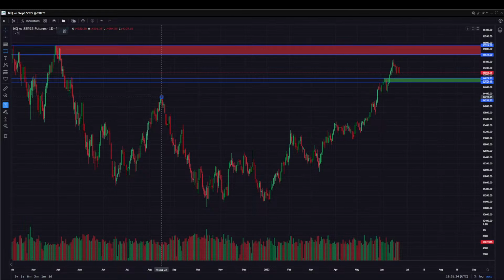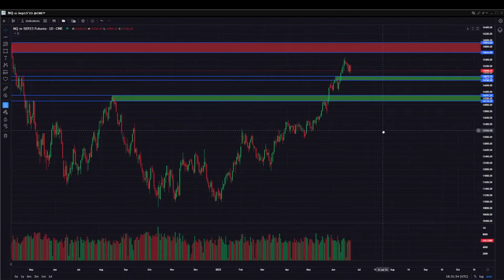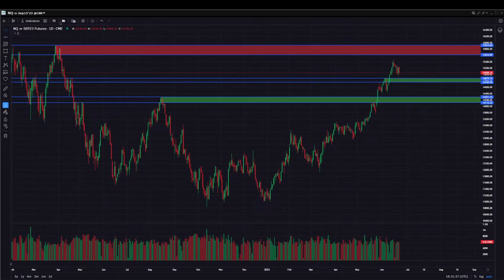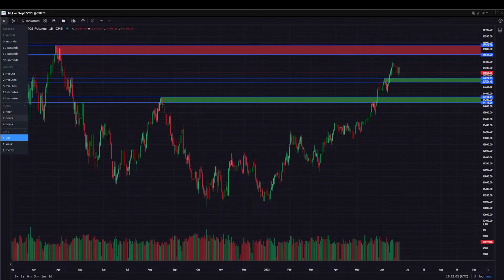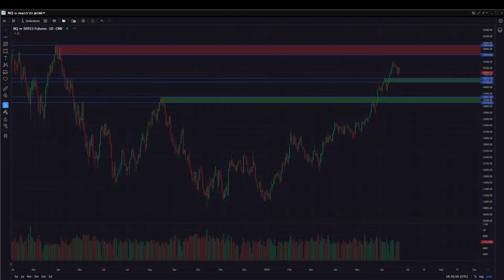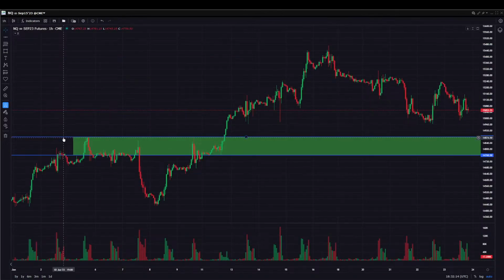But this is where my strong daily zone would be. As you can see, we never retraced this breakout. When I say retrace, that doesn't mean to me that it's going to be a full trend down move. It just means that we're retracing.